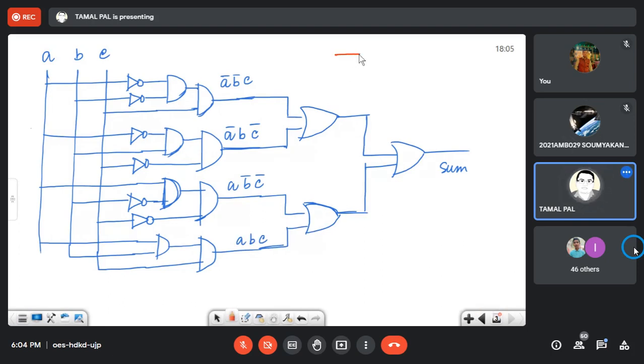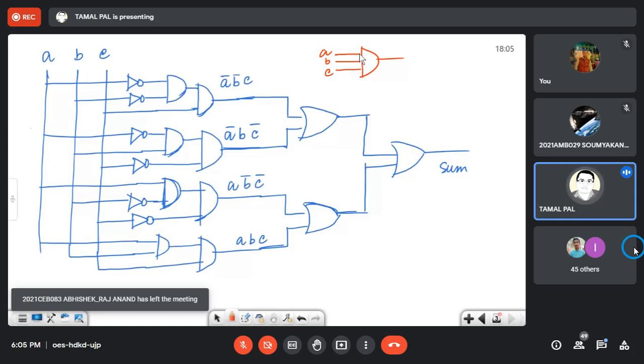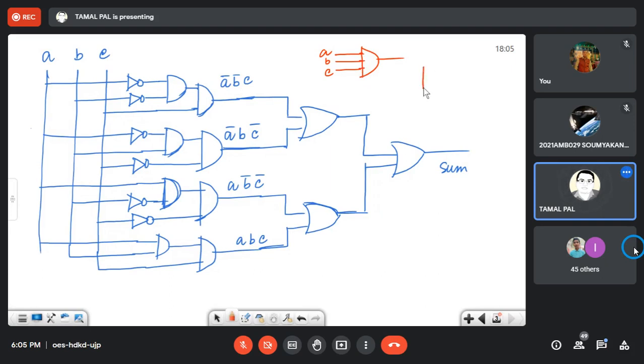Let's say we are using a type of gate that accepts 3 inputs, and in the other case we are using a kind of gate that accepts 2 inputs. So what is the difference in both of the scenarios?